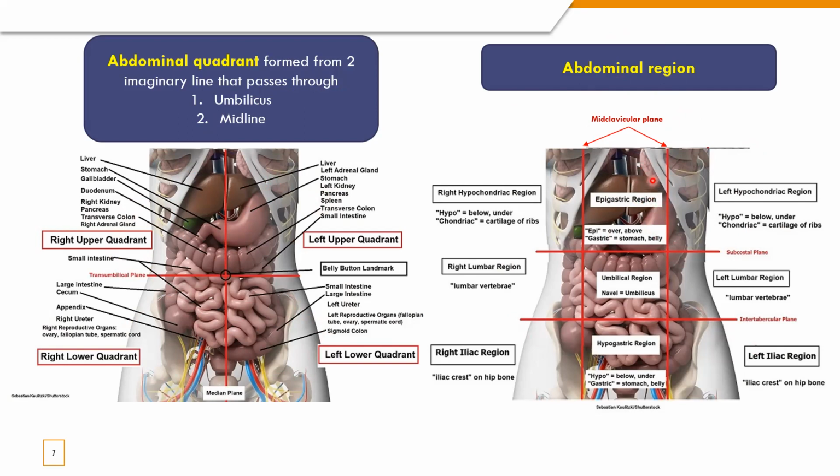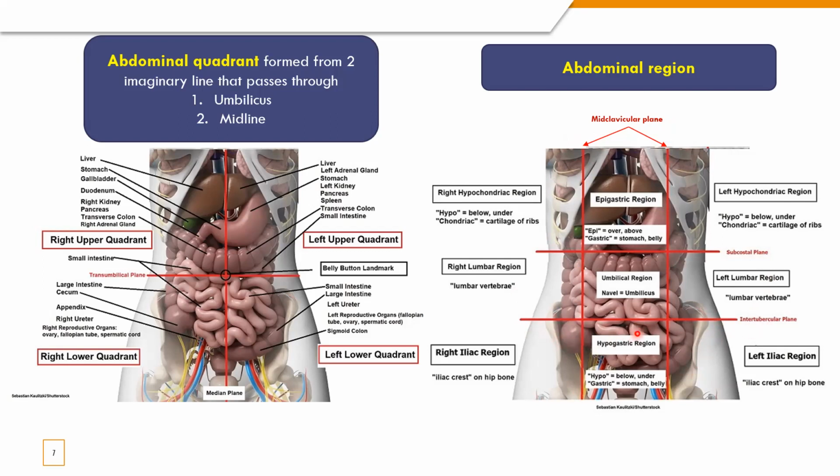There are 9 abdominal regions, formed by 4 imaginary lines. These pass through the 2 mid-clavicular planes, right and left sides, then the subcostal plane, below the costal cartilage, and the intertubercular plane, at the level of the anterior superior iliac spine.